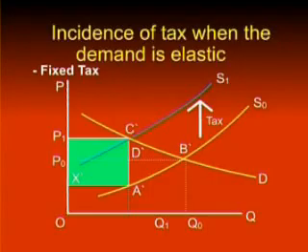Of this, the government will take P1'C'A'X', and of this, P1'C'D'P0 will be paid by consumers, whereas X'P0D'A' will be paid by producers. As you can now see, both government and the producers are much worse off in this case, and this has simply come about because of the increased elasticity of demand assumption used in this case.